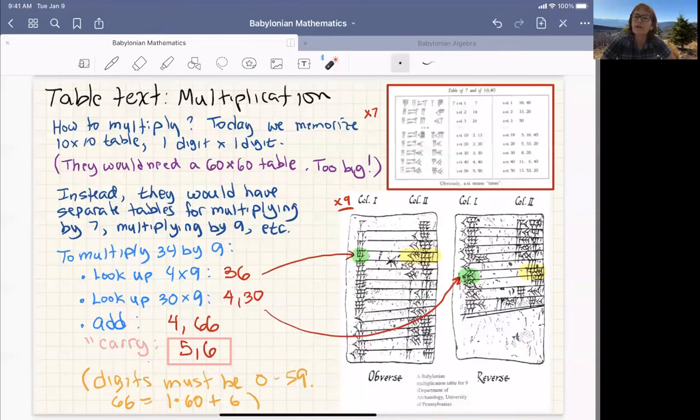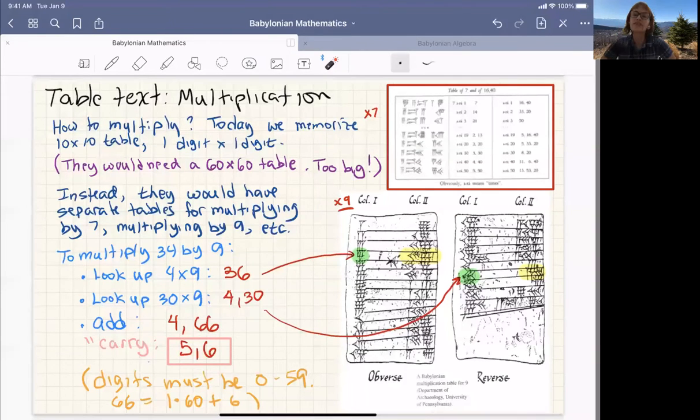But it turns out that they didn't also have to make a multiplication by 34 times table, because they knew that to multiply a number by 34, you multiply by 30, you multiply by 4, and then you add the results together.